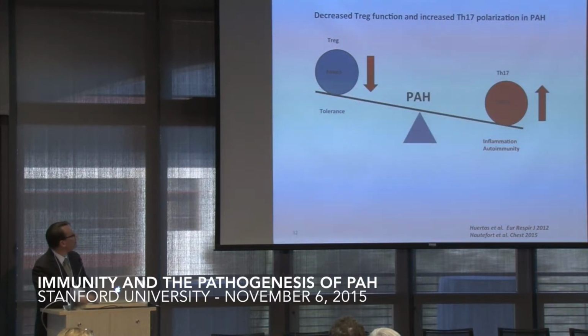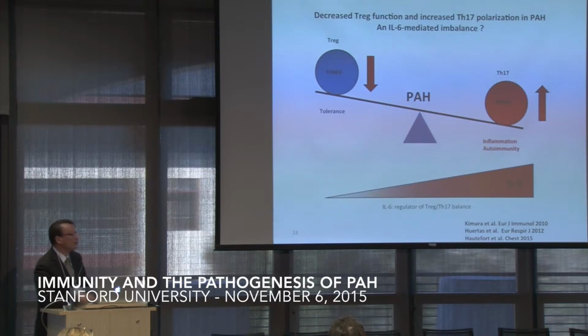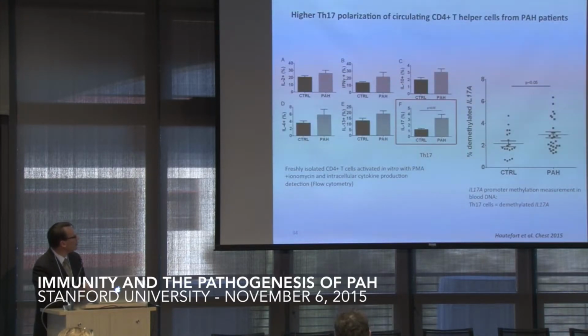So if you deal with Tregs, as Marc said, you always have to see the other side of the regulation. It's Th17, which is more promoting inflammation and autoimmunity. And interleukin-6 is clearly a key regulator of the Treg Th17 balance. With Aurélie Hautefort in the department, we have shown recently that freshly isolated CD4 positive T cells activated with PMA and ionomycin have increased production of interleukin 17.